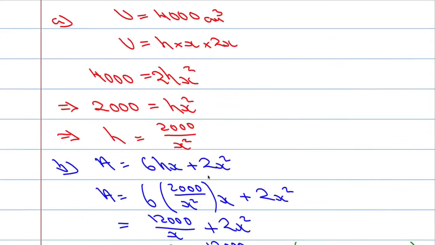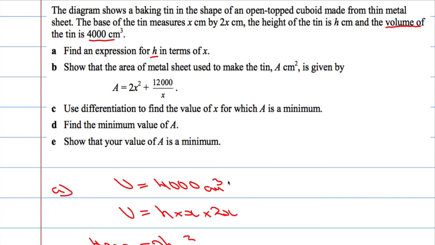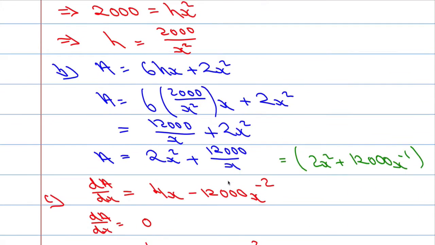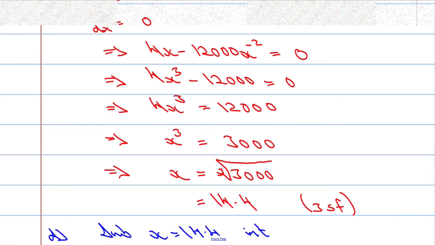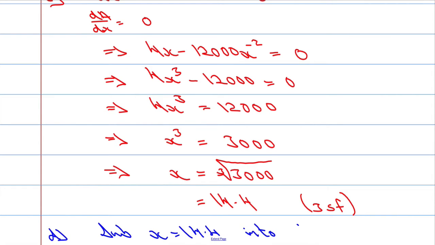Okay, so that's the value of x for which we have a minimum. Now we're asked to find that minimum value of a. So what I'm going to do is substitute my point. This is part D now. I'm going to sub x equal to 14.4 into the formula for a.